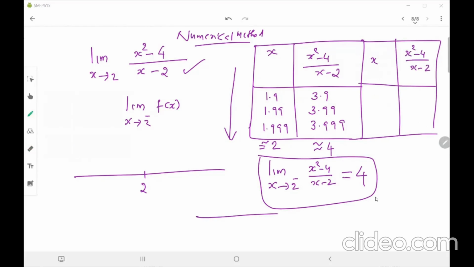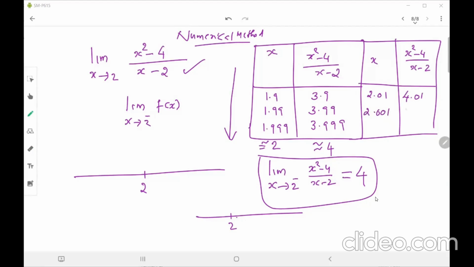So can you tell me some value right side of 2? I can have some 2.01. It should be near to 2, 2.01. Now, tell me what is the value when you put 2.01 there? It can be 4.01. You can verify also.